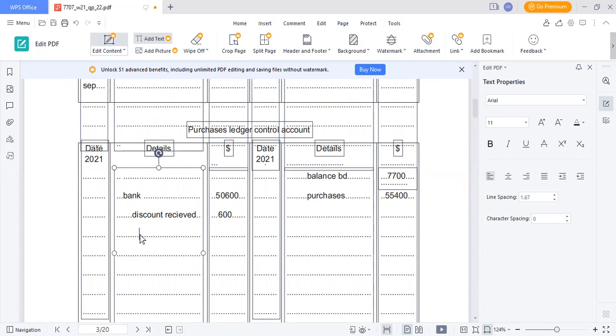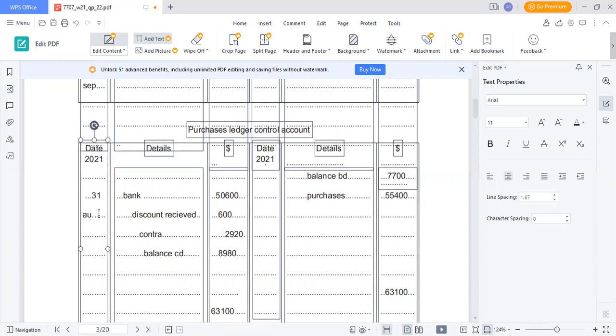We have contra, that is 2,920. And now we'll add up 7,700 and 55,400. That will be 63,100. So we'll deduct 50,600, 600 and 2,920 to get balance CD. That is 8,980.